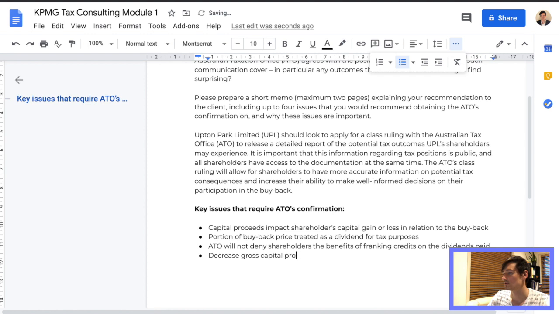And then decrease gross capital proceeds of buyback by taxable cash dividend. So we're not doing double taxation.